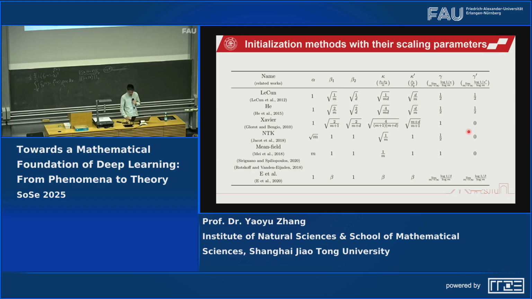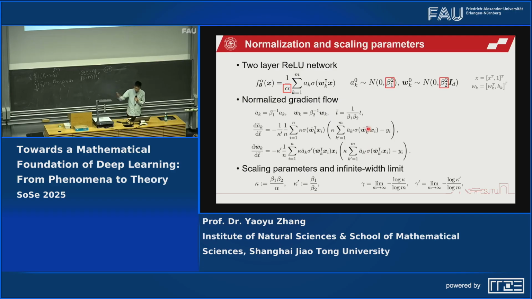And now we can see that all these different setups are related to different scalings. And then we try to say, okay, since in all this analysis and practice there are 3 different hyperparameters, are they really 3 degrees of freedom in determining the training trajectory?